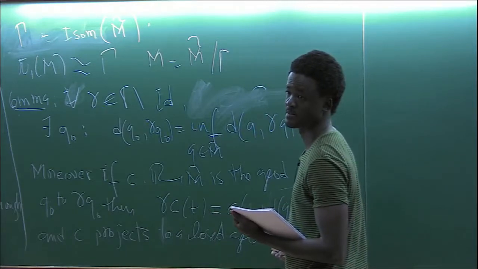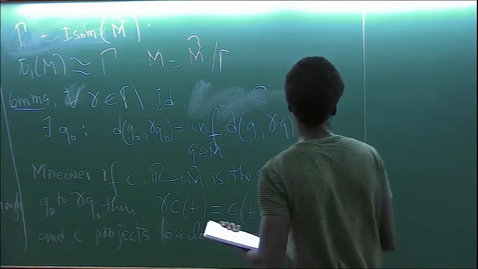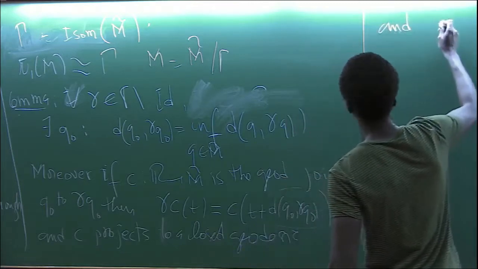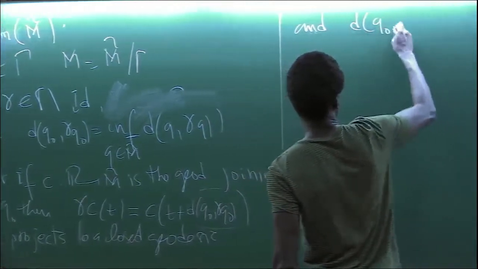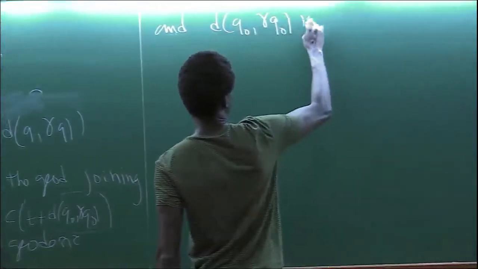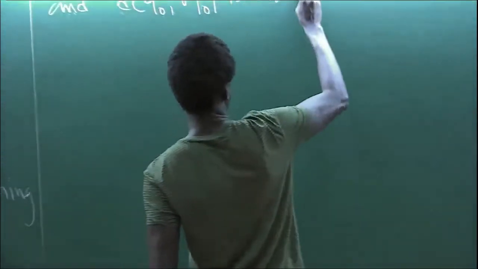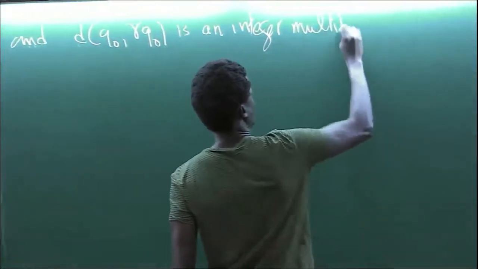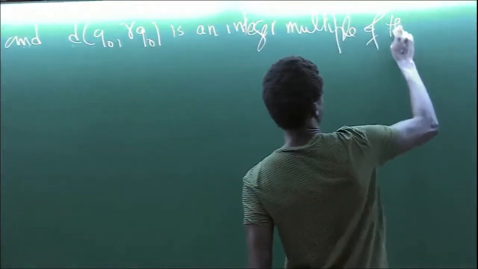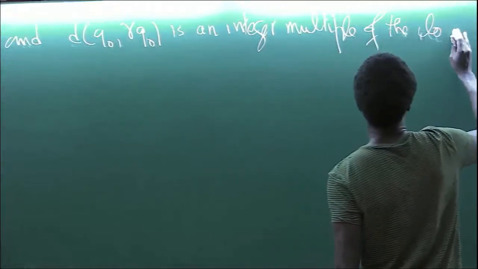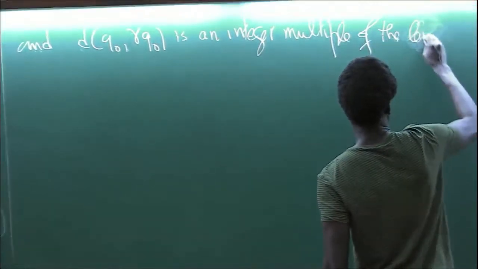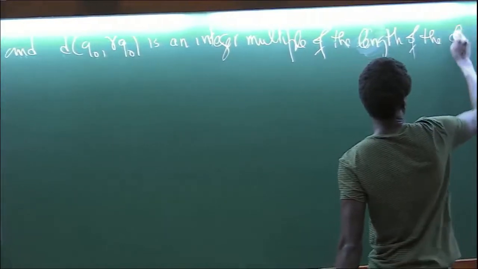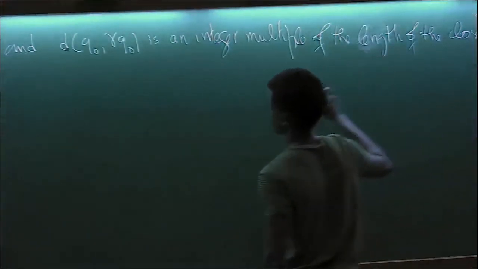I should say that the distance between Q0 and gamma Q0 is an integer multiple of the period, the length of the closed geodesic.